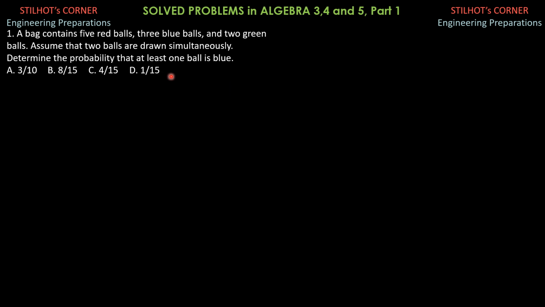So for the solution, when we say at least one ball is blue, it means that there is exactly one blue, or there are exactly 2 blue balls from the drawing of 2 balls from this bag.